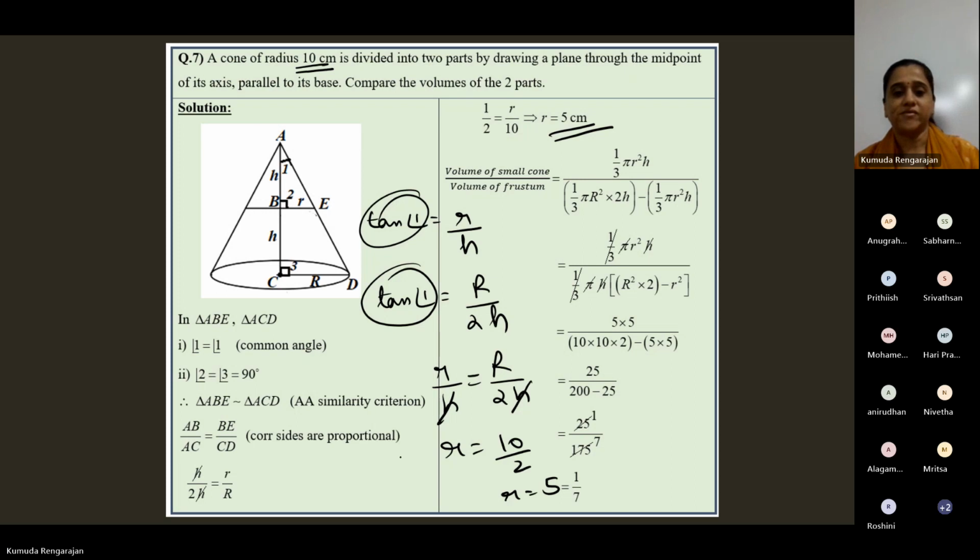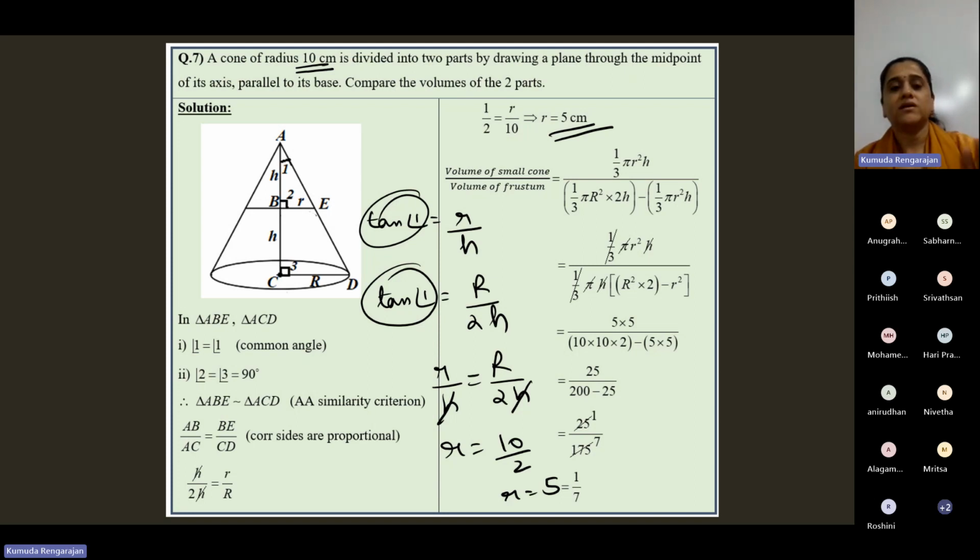So the missing values can be found like this. Why right triangle? Because in trigonometry, we are learning trigonometric ratios in right triangles. We'll always be applying trigonometric ratios in a right triangle.